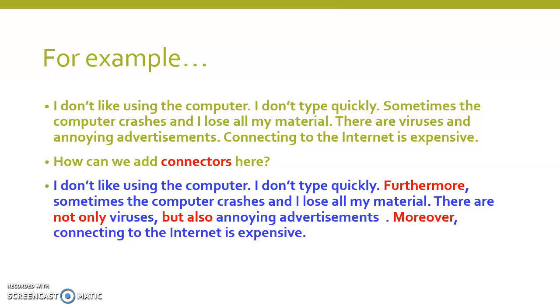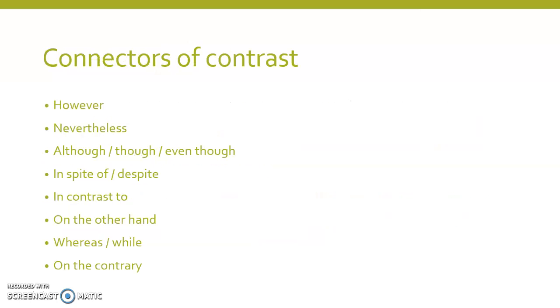Furthermore, sometimes the computer crashes and I lose all my material. There are not only viruses, but also annoying advertisements. As you can see, here we are adding this idea, we are enriching that. And we are going to use another one here. Moreover, connecting to the internet is expensive. As you can see, as the ideas are related one to the other, we can use a lot of connectors of addition here in order to make it logical, to make it richer.